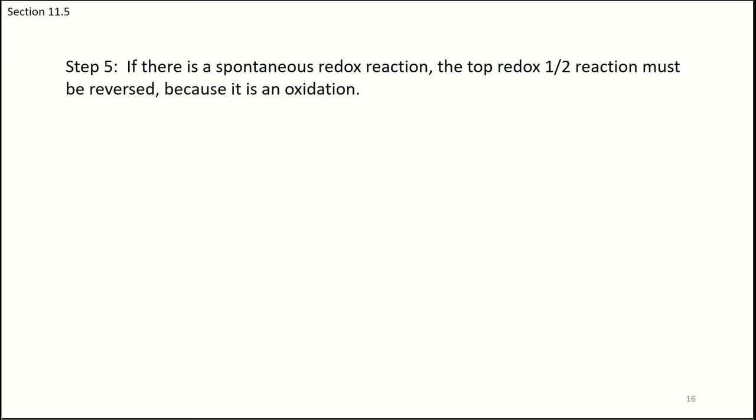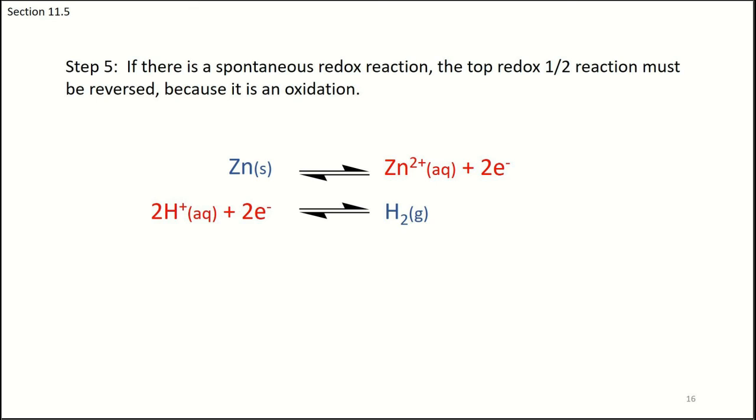So with these, I will have to reverse the top reaction because it will actually occur as an oxidation. So doing so, we get this. Again, we can identify that this is an oxidation because electrons are on the product side of this reaction. The reduction half reaction will be written as is, as can be seen in the standard reduction potential table.